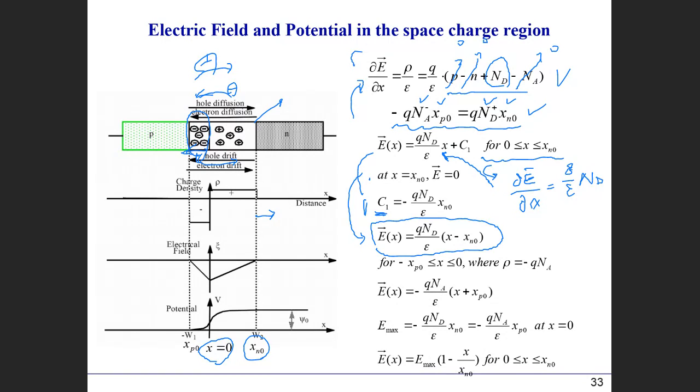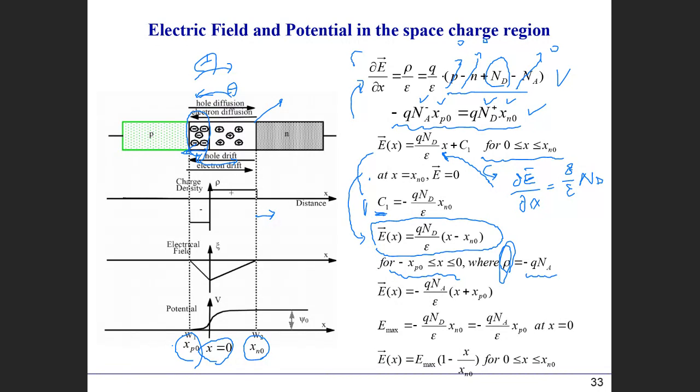Similarly, if you apply it to the P side, in the location between 0 and negative xp, your carrier concentration is only Na, negative q Na, available over there.